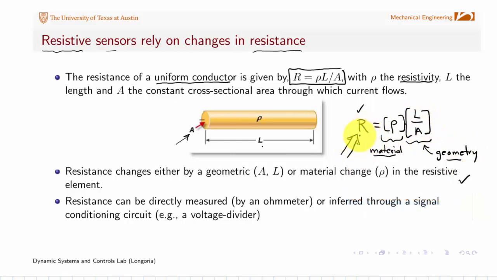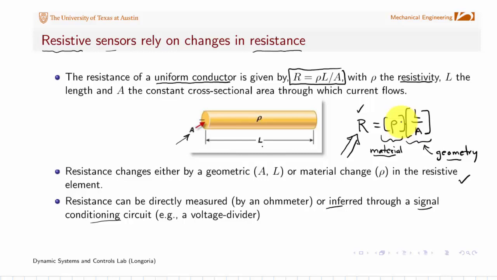Often you can measure resistance directly just by using an ohm meter, but most of the time we'll use some kind of signal conditioning circuit so that we can infer resistance change from a voltage. That's much easier for us to measure, say, using an analog to digital converter that measures voltage, on something like the MyDAC that we're using in this lab.